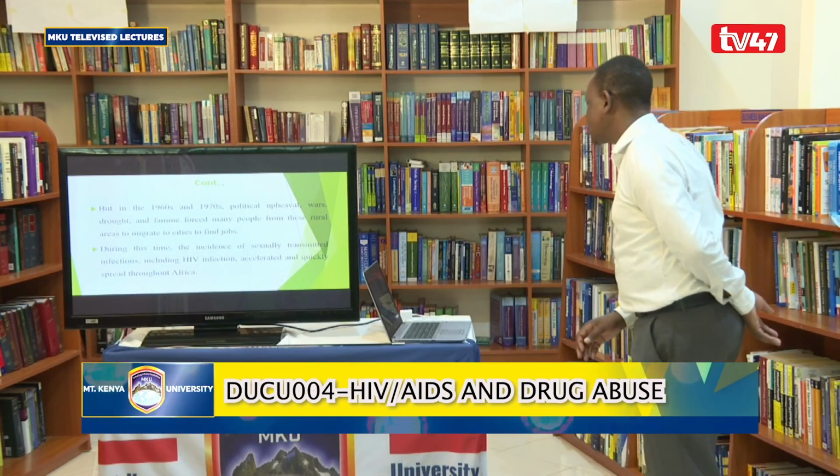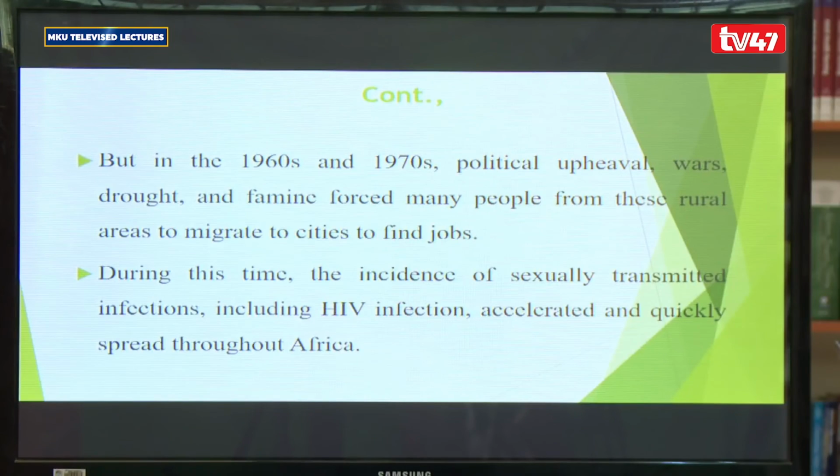But in the 1960s and 1970s, political unrest, drought and famine forced many people from these rural areas to migrate to cities to find jobs. During this time, the incidence of sexually transmitted infections, including HIV infection, accelerated and quickly spread throughout Africa because of urbanization.